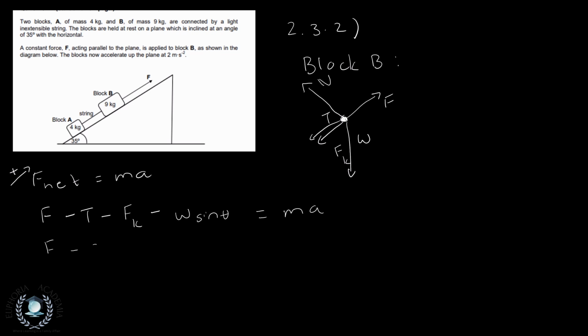Let us just replace what we have. Our T, we found that that was 36.36, minus our Fk, which was given as 13.23, minus our weight, which will be 9 times 9.8, multiplied by sine 35 degrees, and that will be equal to our 9 kilograms multiplied by our acceleration of 2.